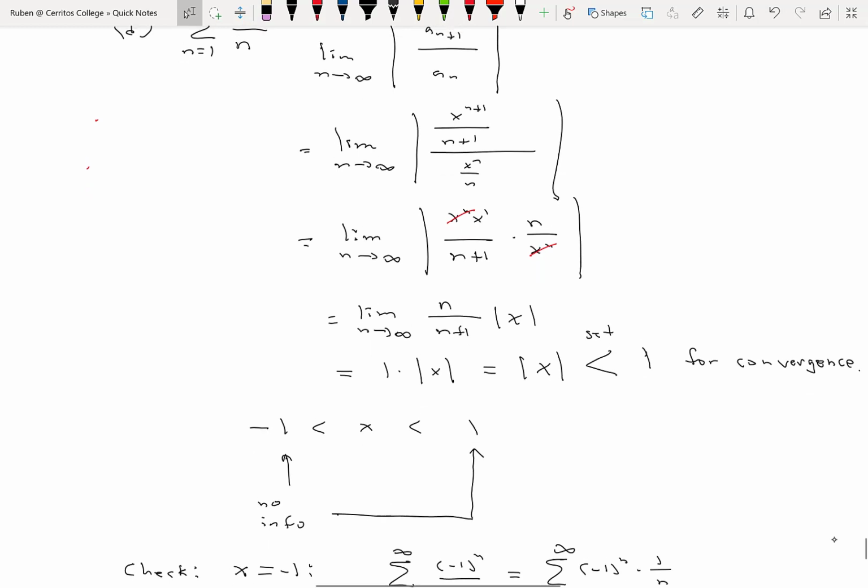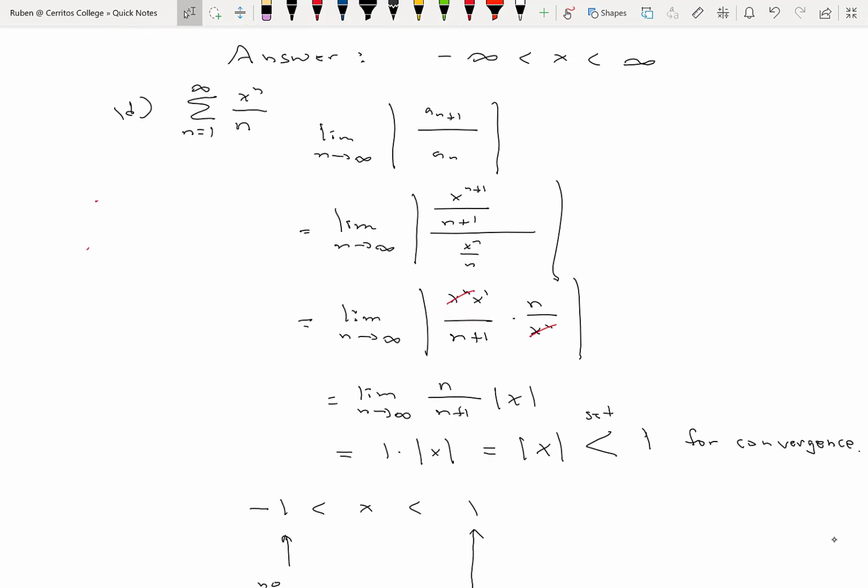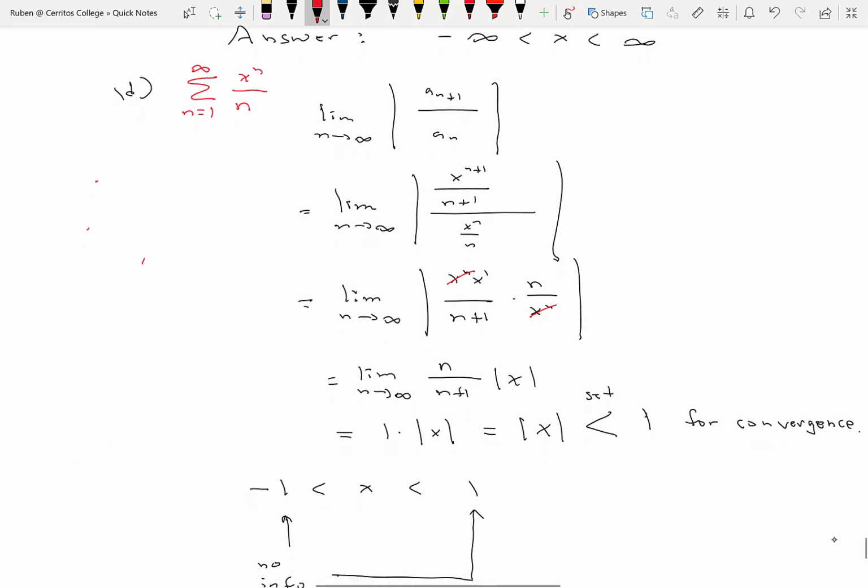Now our original power series is the sum of x to the n over n. Don't forget that our original power series is, and I've highlighted it in red for us, the sum of x to the n over n. So substitute x equals -1.